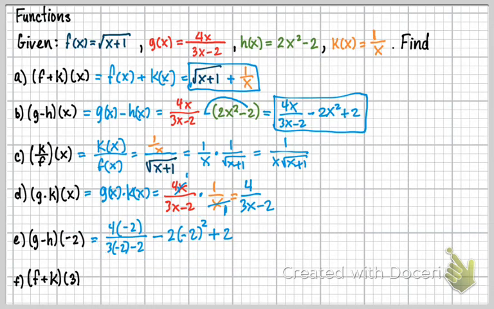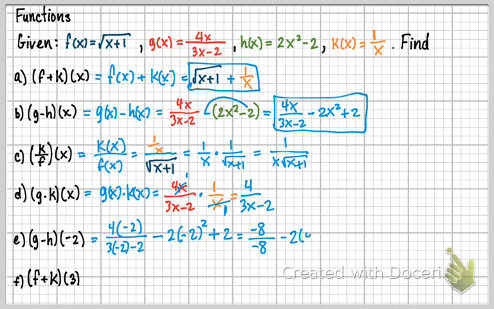All right, so now all I'm going to do is do the arithmetic here. On the top, I'm going to get a negative 8. On the bottom, that's going to be negative 6 minus 2, which is negative 8. This is going to be minus 2, and then I have to do the exponent here.